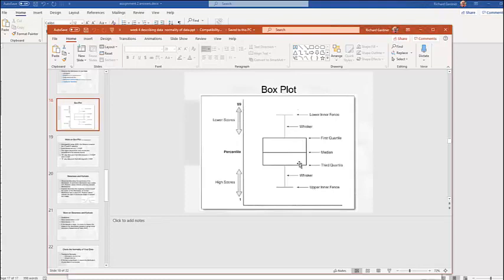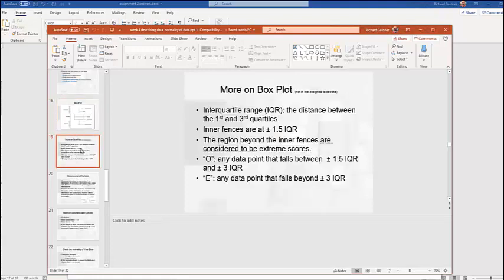So there's a 20-point difference. That's the interquartile range. Then you multiply that number by 1.5. If we took 20 and multiplied it by 1.5, that would be 30. So any data point that is 30 points above or 30 points below would be considered an outlier.